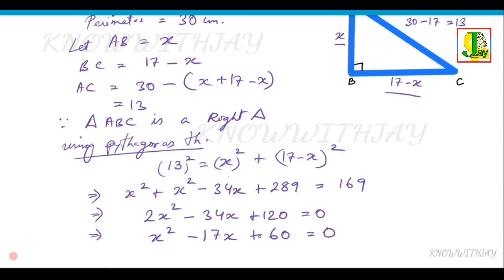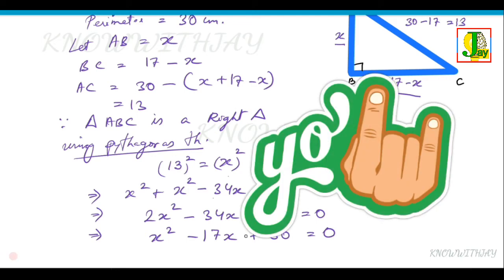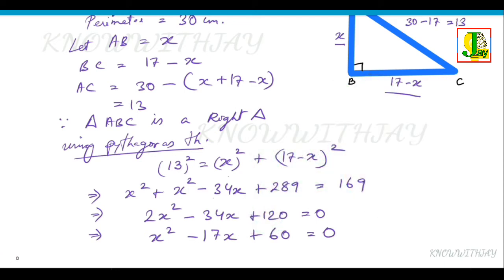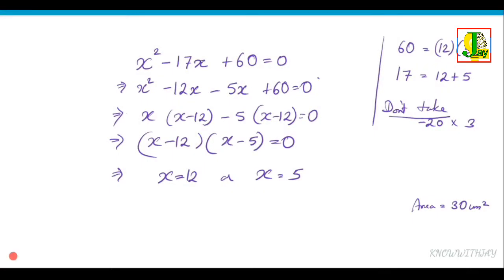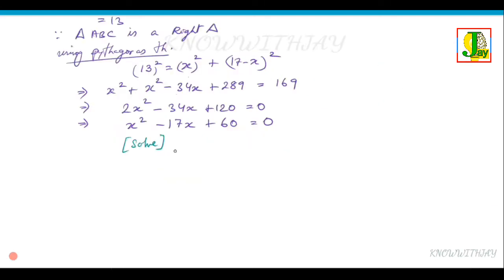Now we found the quadratic equation, we just need to solve it. This is how we solve the quadratic equation. So we get x equals 12 or x equals 5.